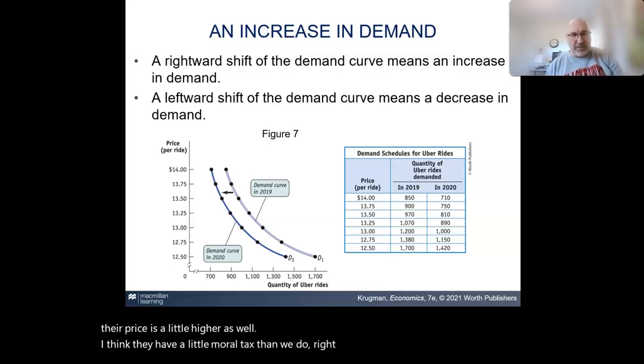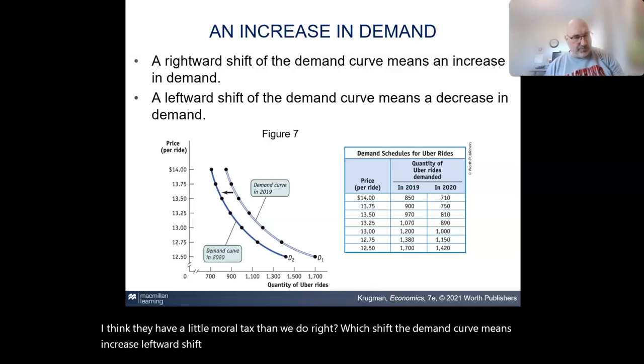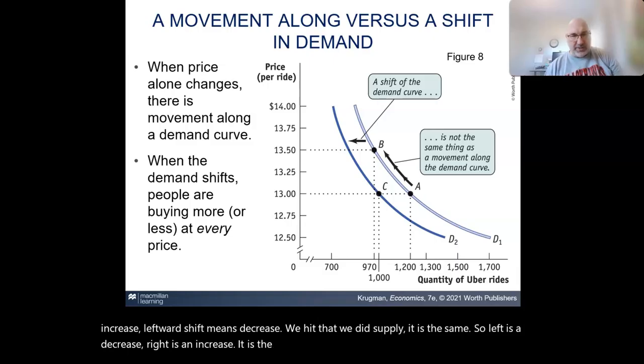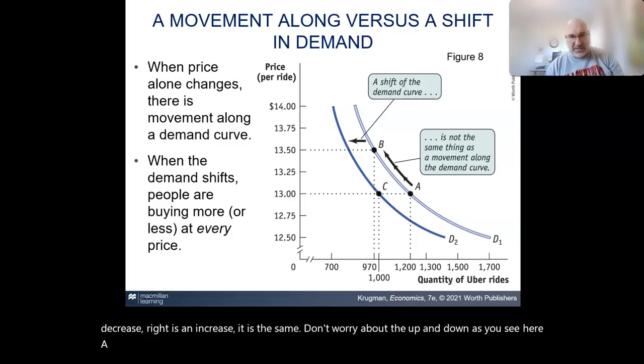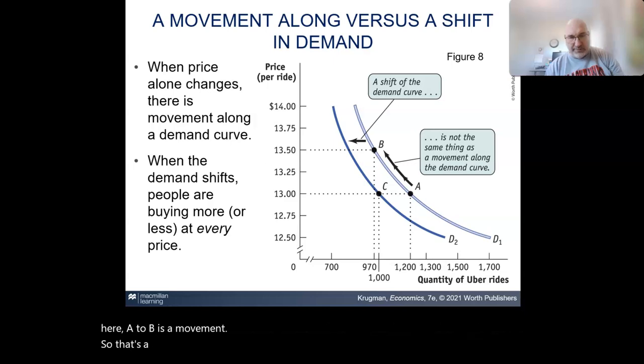A rightward shift of the demand curve means an increase. A leftward shift means a decrease. We hit that when we did supply. It is the same. So left is a decrease, right is an increase. Don't worry about the up and down. As you see here, A to B is a movement along the curve.